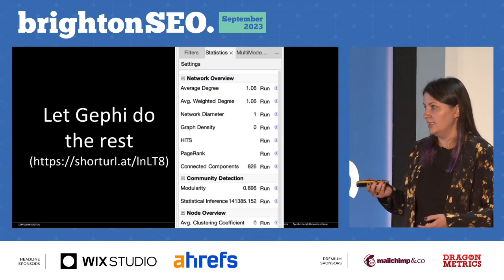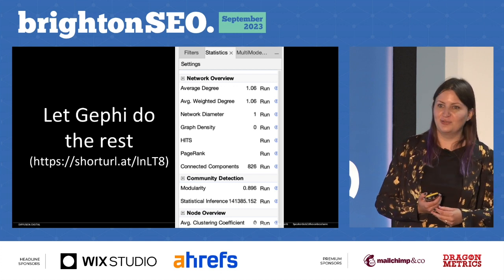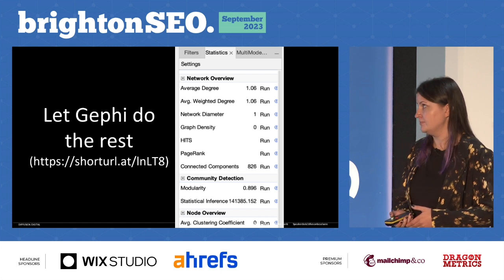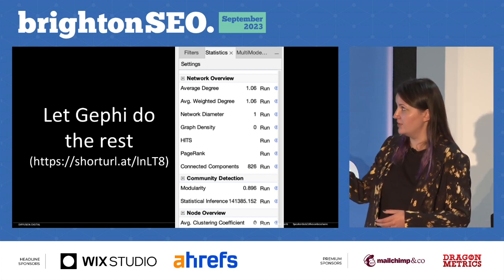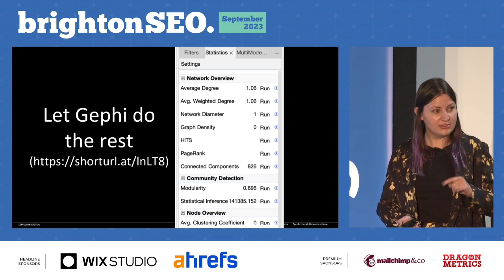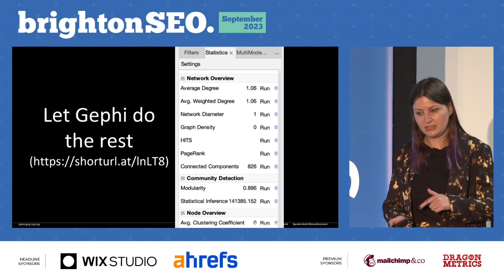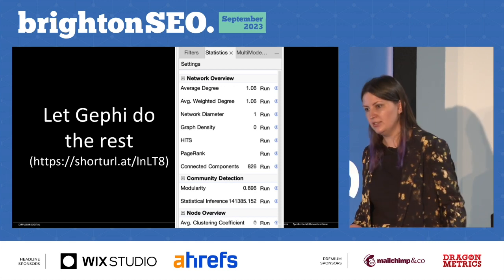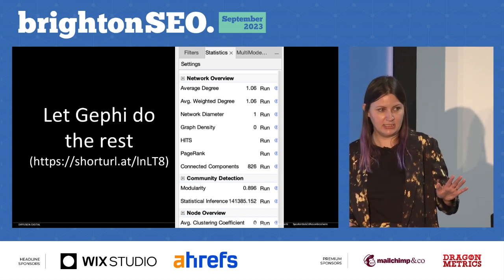And I've added a link to an old-ish tutorial I once did about how to get started with Gephi step by step. But quickly to show you, there's a statistical module in Gephi. You just click on the Run button, and it will calculate all those metrics for you per node that you have in that network. So it's all in a table behind it that you can very easily access.